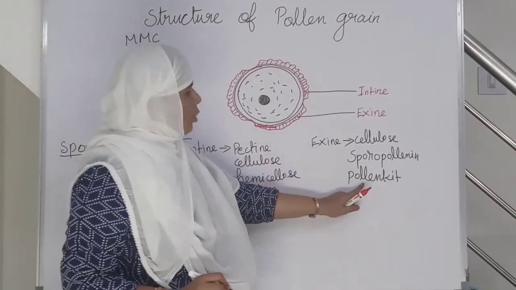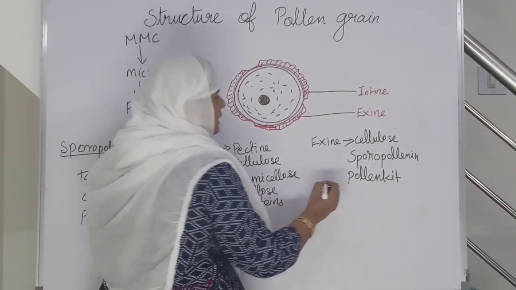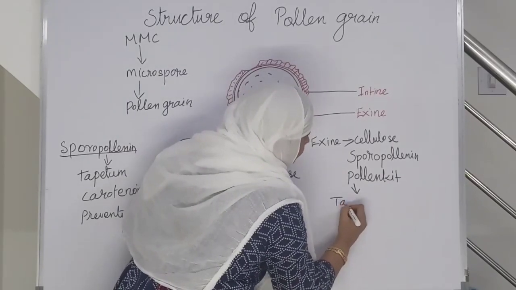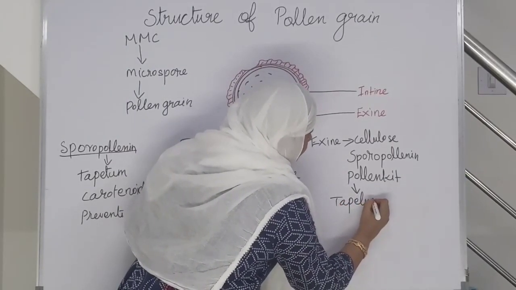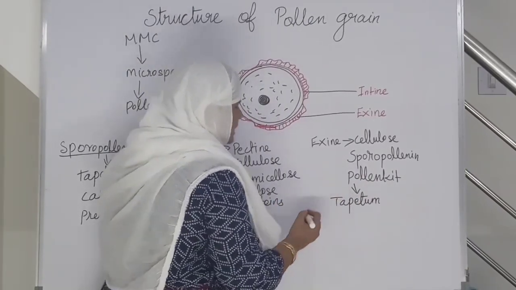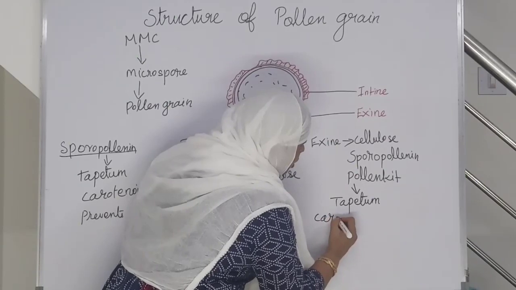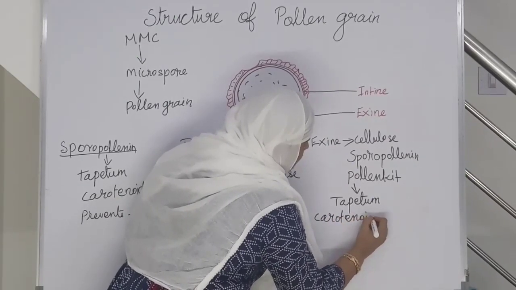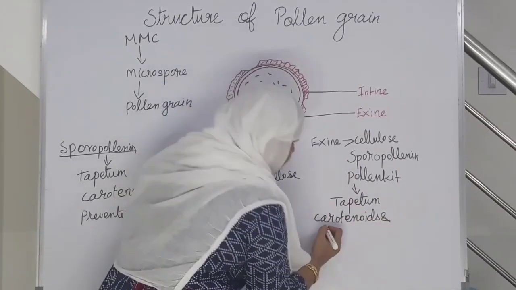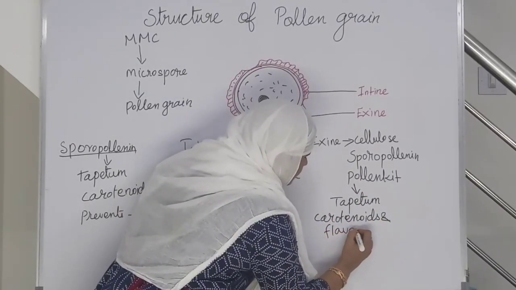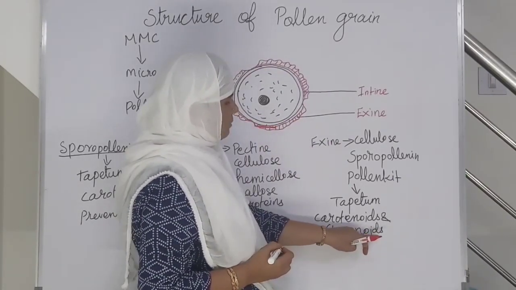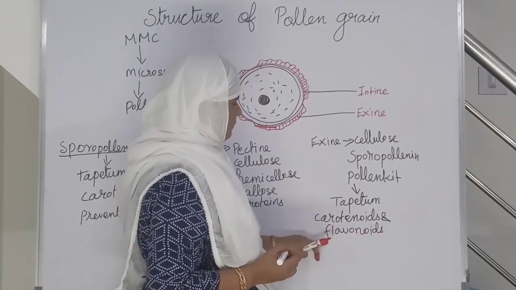Next one is pollen kit. The pollen kit is also contributed by tapetum. It is derived from carotenoids and flavonoids. This is flavonoids, nothing but polyhydroxyphenols.